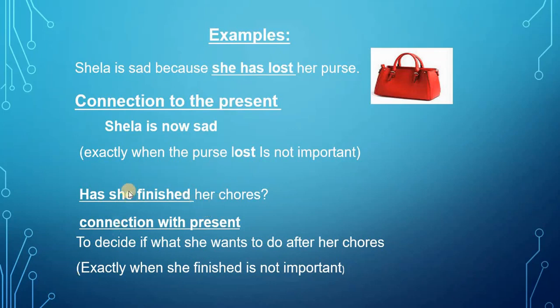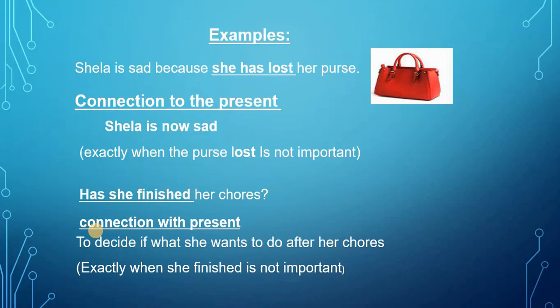Another example: has she finished her chores? Here it refers to the question form in the present perfect. Here, the connection with the present is that it will help us make a decision about what she wants to do after she finishes her chores. But it is not important when she finishes her chores.